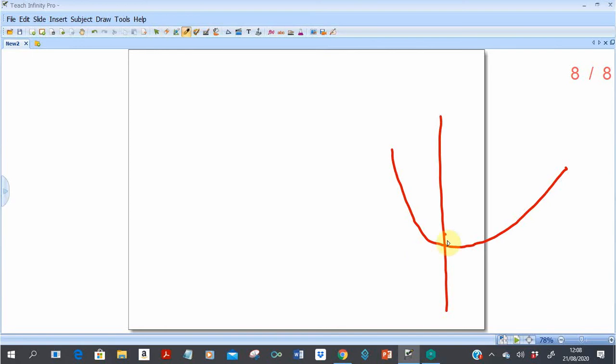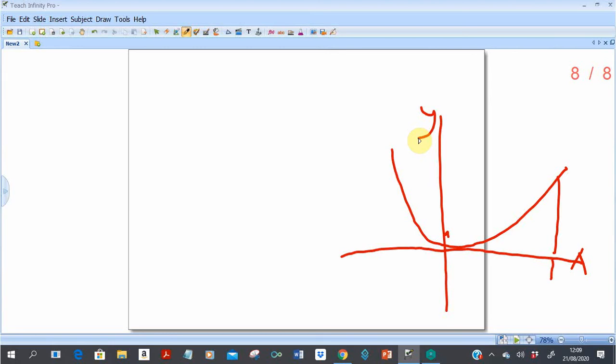Okay, so let's just sketch. We have the lines x equals 1 and the x-axis. We have our y there. y equals 0 is this same line.